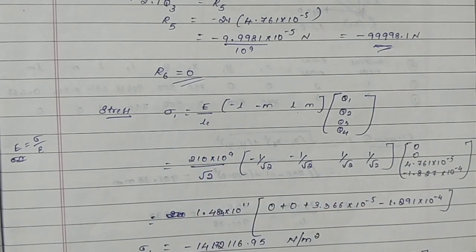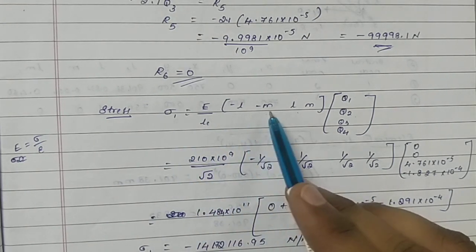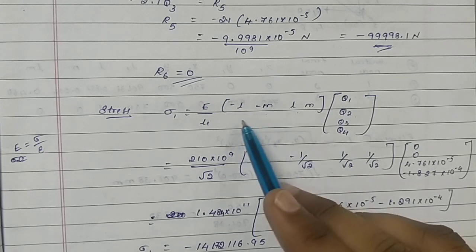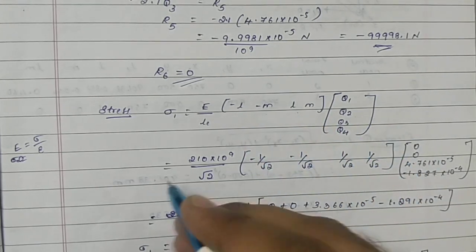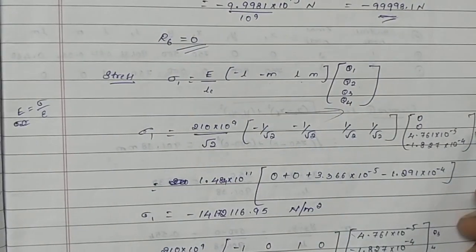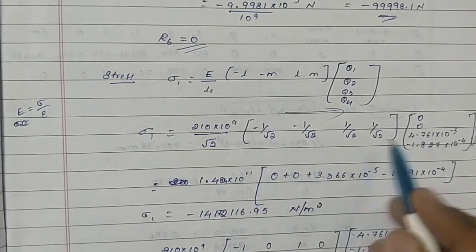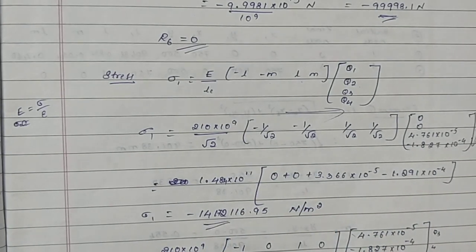So we have got this equation. Just substitute the values of the L and M of the first element, that is when you are doing for sigma 1. Multiply this row and this column, okay, you will get this.